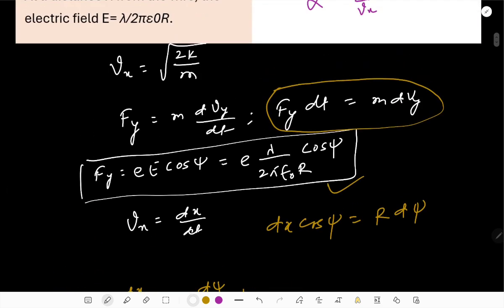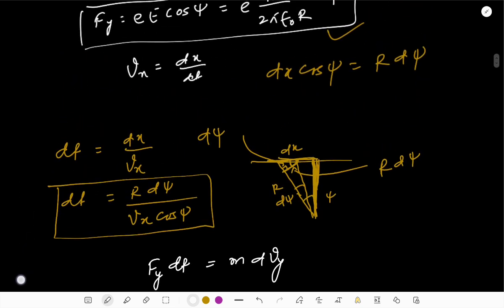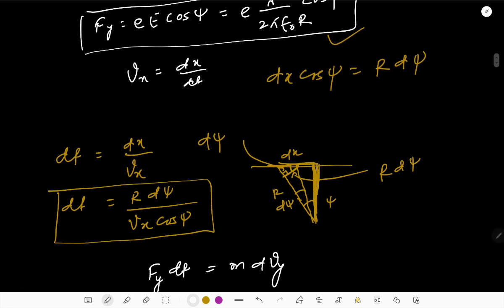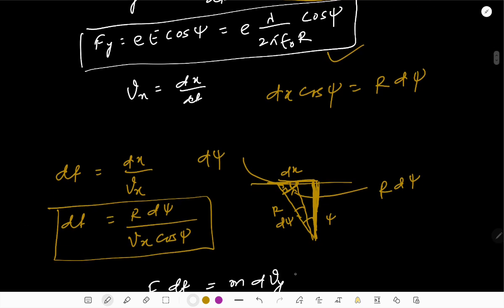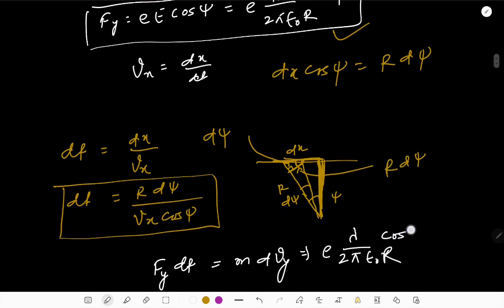This was the relation, and I can write here Fy equals e lambda by 2 pi epsilon naught R cos psi, not phi, and dt equals r d psi upon Vx, whose value is given and it's a constant, cos psi.